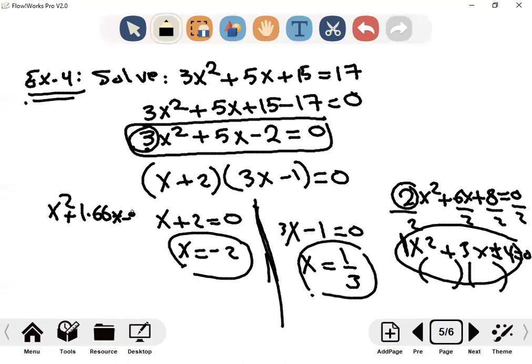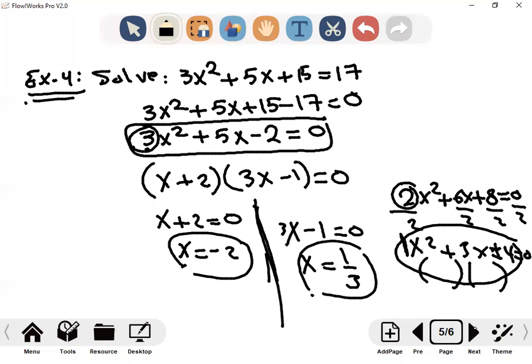Let's go, give me two numbers. If you multiply, then you get this. If you add, then you get 1.66. Fine. So if we cannot get rid of this number, you do what we did here.